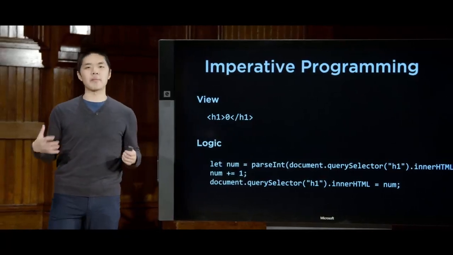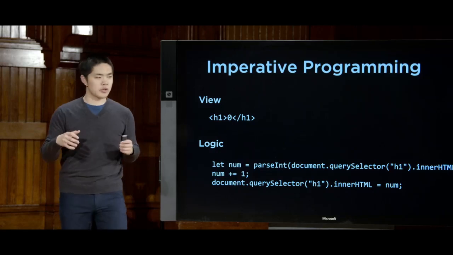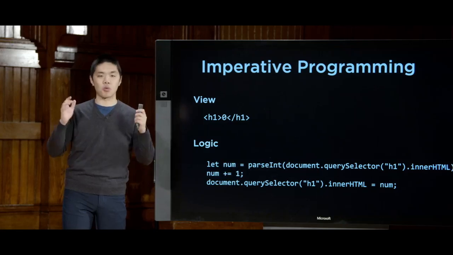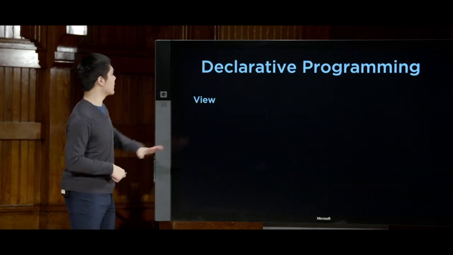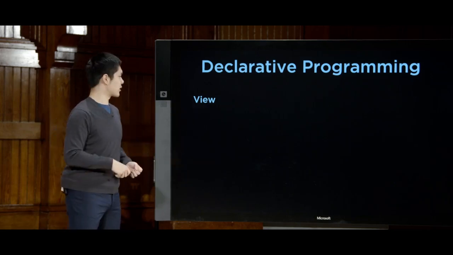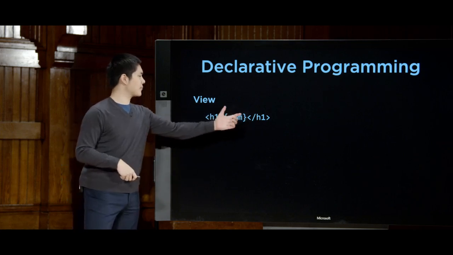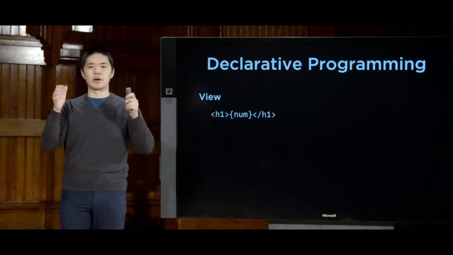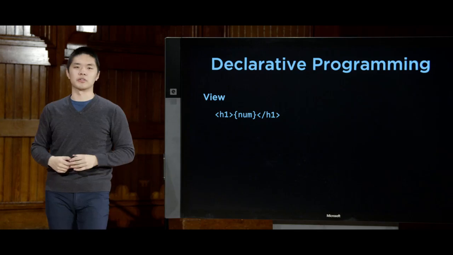What declarative programming is going to allow us to do is just describe what state should be displayed on the page in what form. In declarative programming, in our view, like the HTML-like code that we're going to be writing, we're just going to say something like h1 and then in curly braces num to mean fill in the number here. And this is what the React syntax is going to look like.